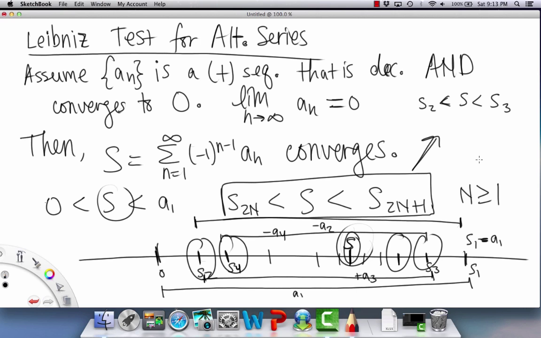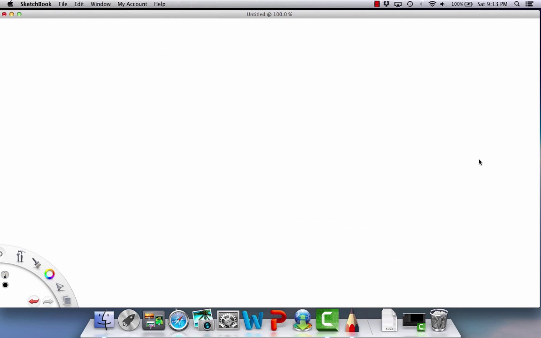Okay, now on to another theorem. This is a theorem now, not a test. This one says your partial sums equal, from n equals 1 to infinity, the alternating series of a_n. This is basically the same thing as the Leibniz test, but in formal terms.